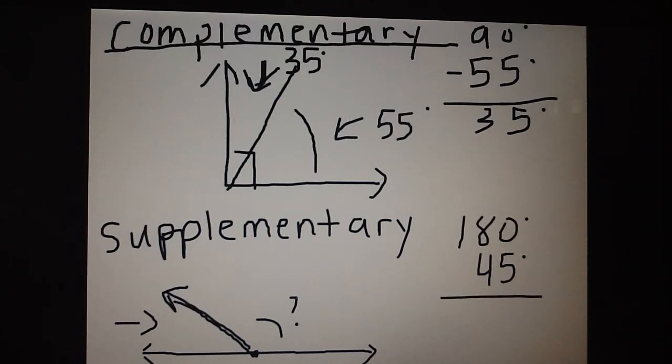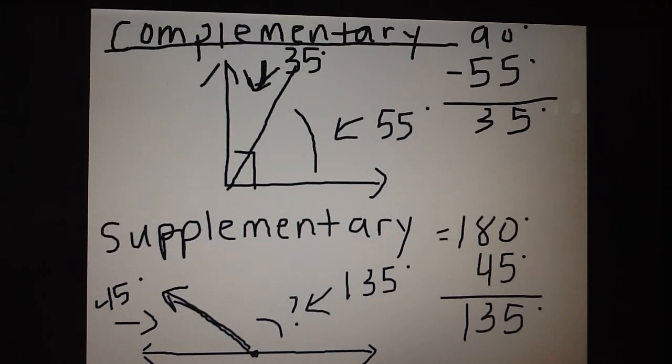And what's that? 135. So that means this one here would be approximately 135. We don't know for sure because we don't have a protractor, but I'm guessing it's about 45 and 135. And that equals 180. All right, that's it. Good job.